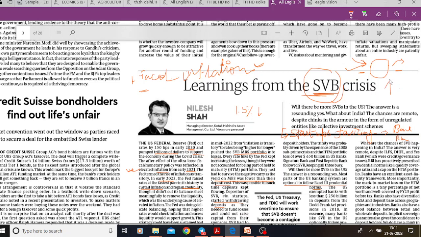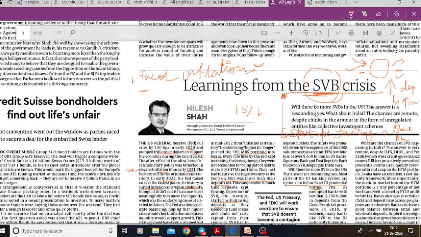First you understand, huge amount of deposits, right? Yes, there was an increase in loan amount for the bank, but most of the deposits are a liability.